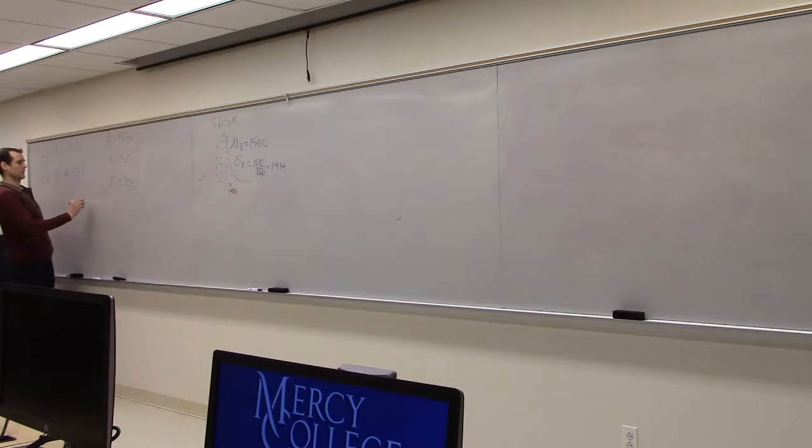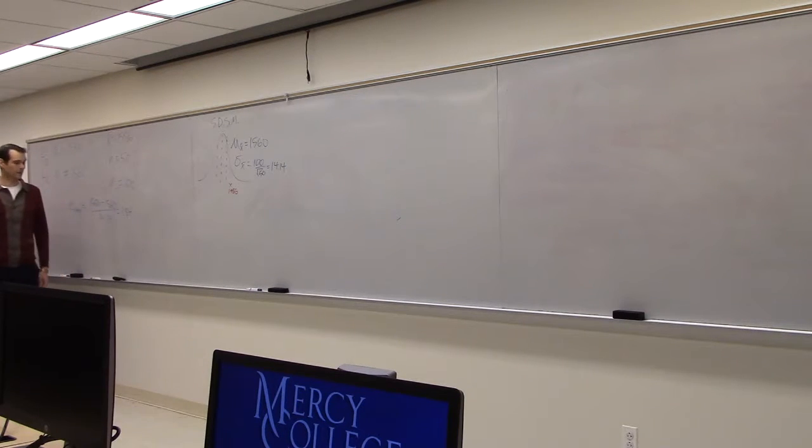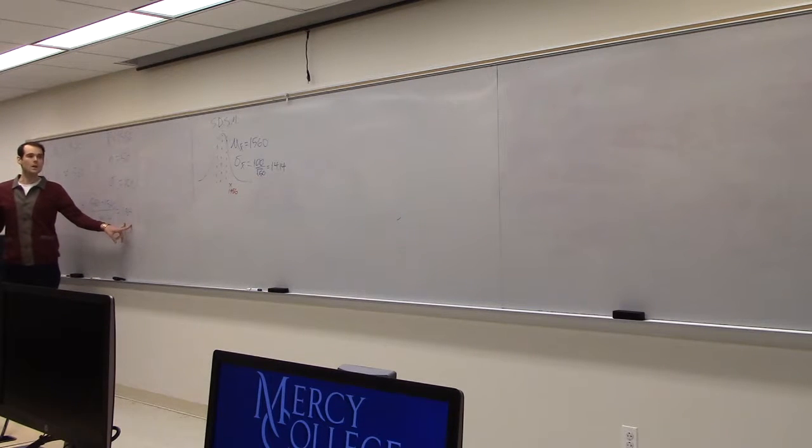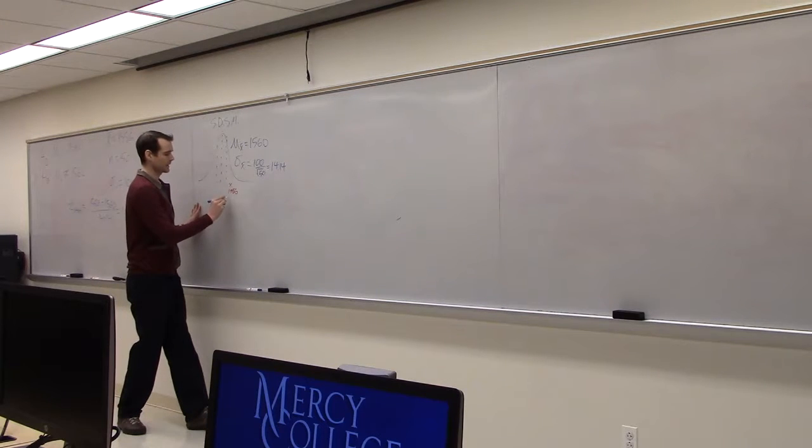So let's take 1586 minus 1560 divided by 14.14 equals 1.84. However you get the answer is fine. So there's a z-stat of 1.84. So this sample mean of 1586 has a z-score, z-stat of 1.84.